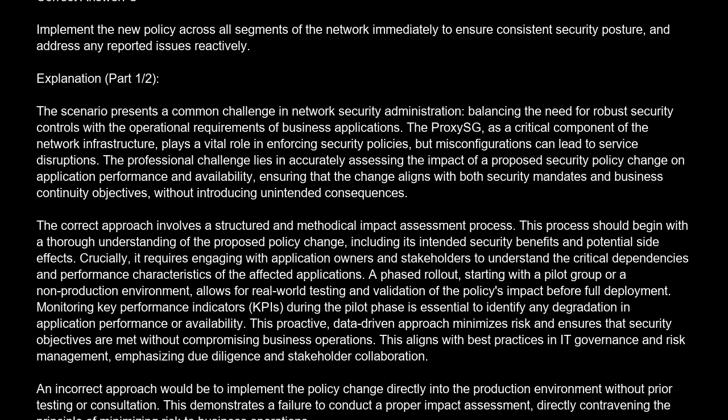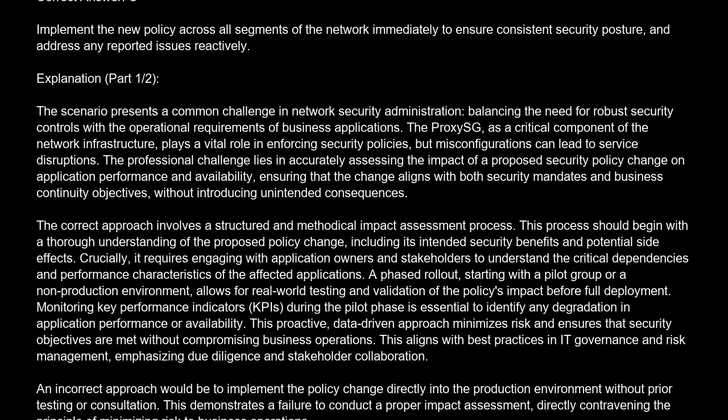The correct approach involves a structured and methodical impact assessment process. This process should begin with a thorough understanding of the proposed policy change, including its intended security benefits and potential side effects. Crucially, it requires engaging with application owners and stakeholders to understand the critical dependencies and performance characteristics of the affected applications. A phased rollout, starting with a pilot group or a non-production environment, allows for real-world testing and validation of the policy's impact before full deployment.